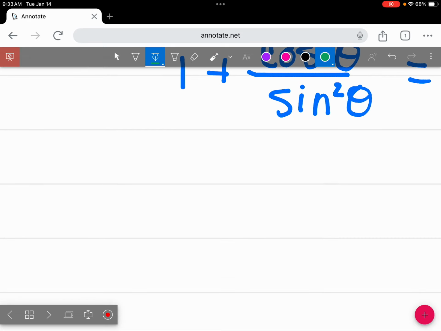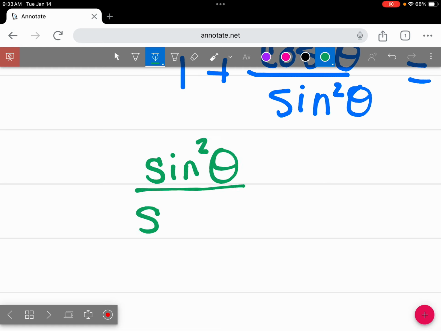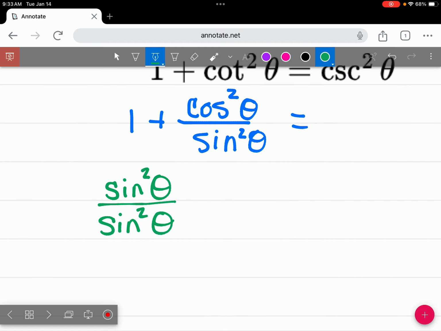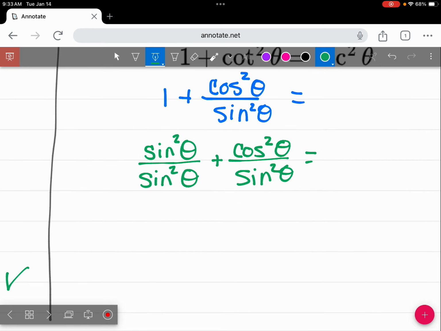So I'm going to make this 1 be written as sine squared theta over sine squared theta. It still counts as a 1. It's just a weird looking 1. Plus our cosine squared over sine squared. So I took my 1 and put it in terms of sines.